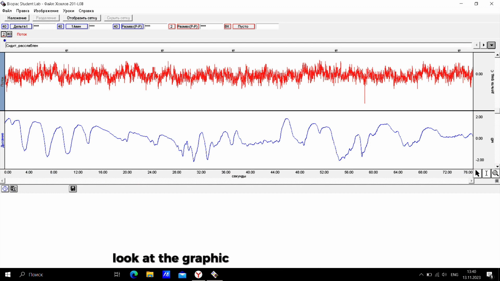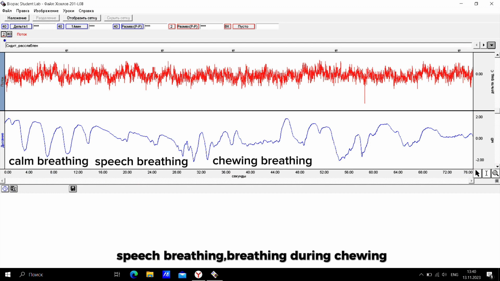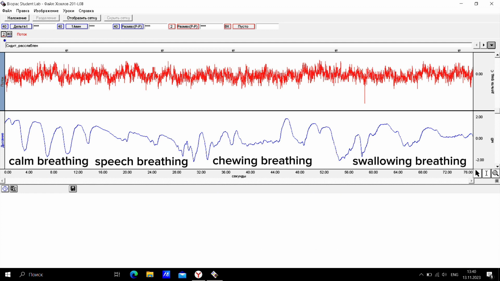Look at the graphic and mark calm breathing, speech breathing, breathing during chewing, and breathing during swallowing.